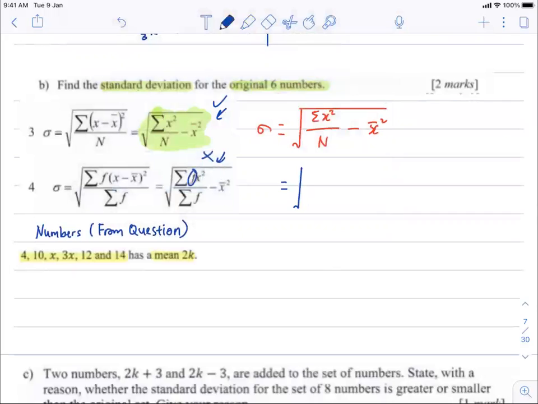Summation x squared, you can refer here for the numbers, means the sum of squares of all the numbers.